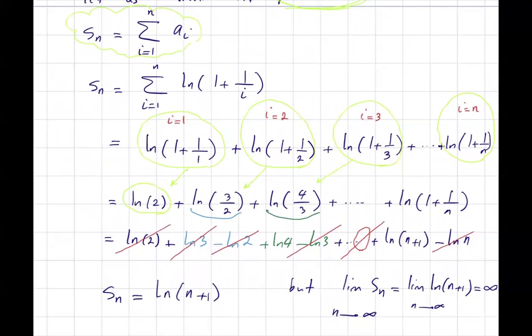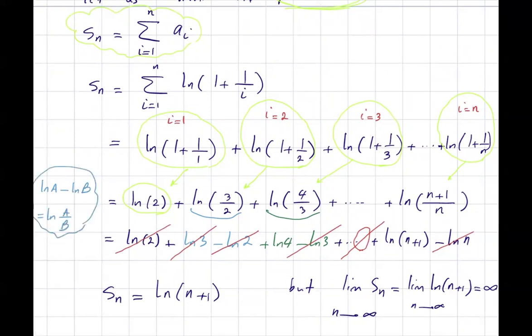You can take the common denominator, and you have ln of n plus 1 divided by n, as we took the common denominator over there. So now, using the behavior of ln and its properties, remember that ln of a minus ln of b is ln of a divided by b.